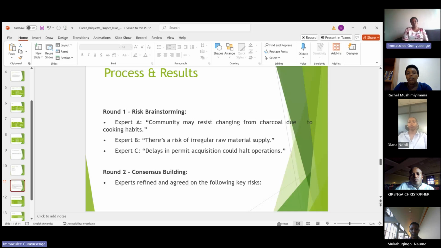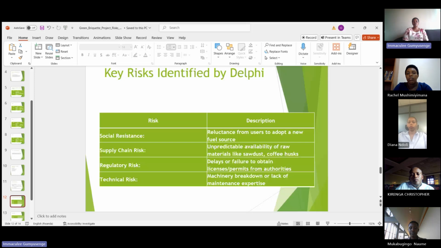After risk brainstorming, we go for consensus building, where experts defined and agreed on the key risks. Referring to our project, the following are the key risks refined and agreed by experts, with their descriptions. We have social resistance, supply chain risks, regulatory risks, and technical risks.